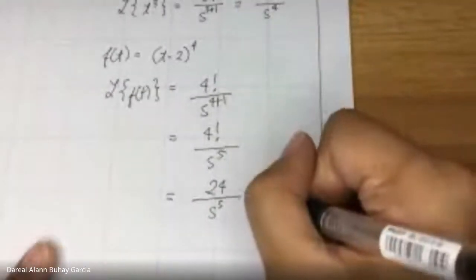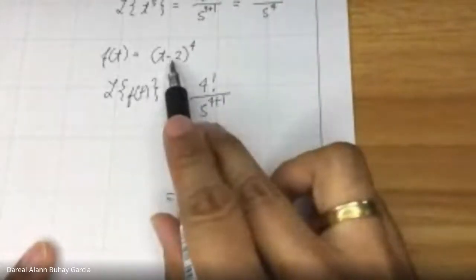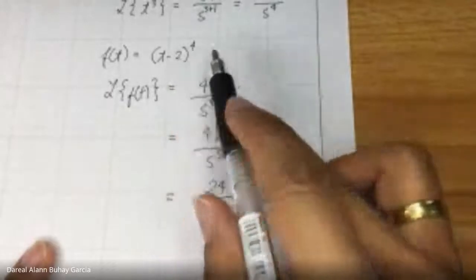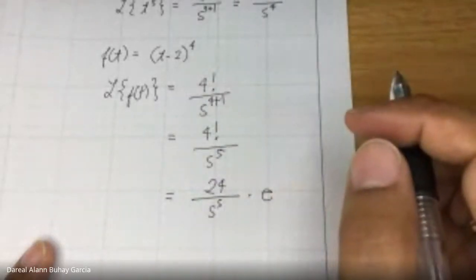So, dapat ato na siyang i-multiply og e to the power of negative a t.